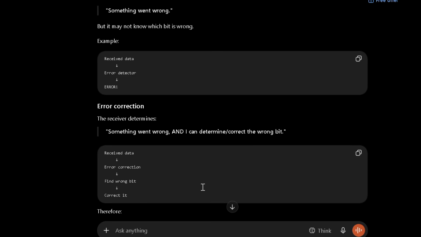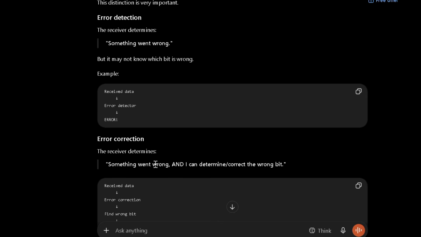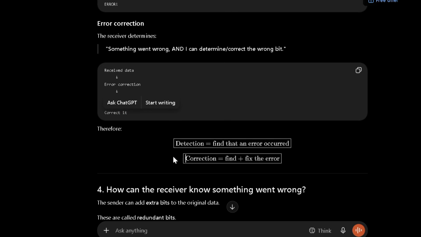Therefore, detection equals finding that an error occurred. Correction equals finding plus fixing the error.